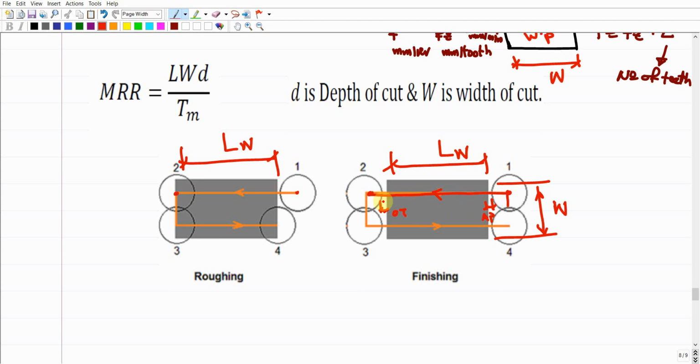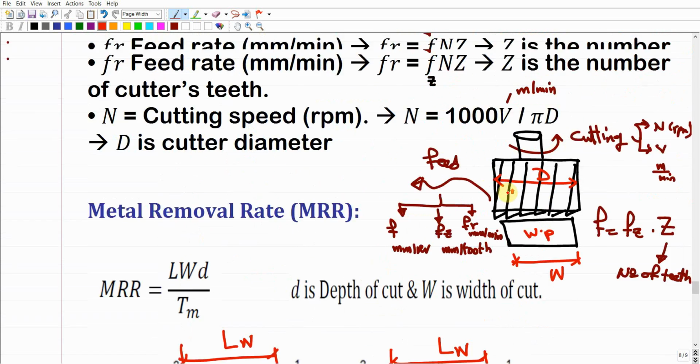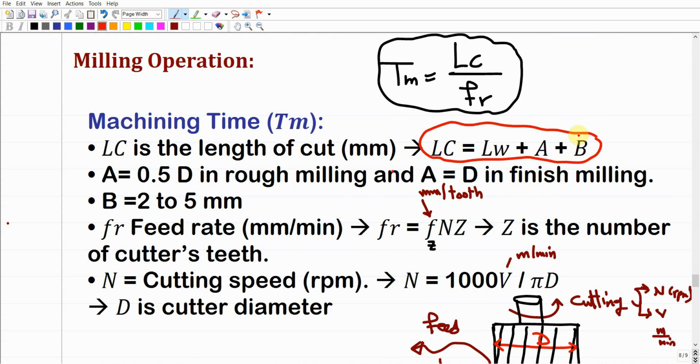There is no over travel for rough cutting, but we may have approach distance. So you sum them and plug them in for B, which typically is between 2 and 5 millimeters, depending on the given data.